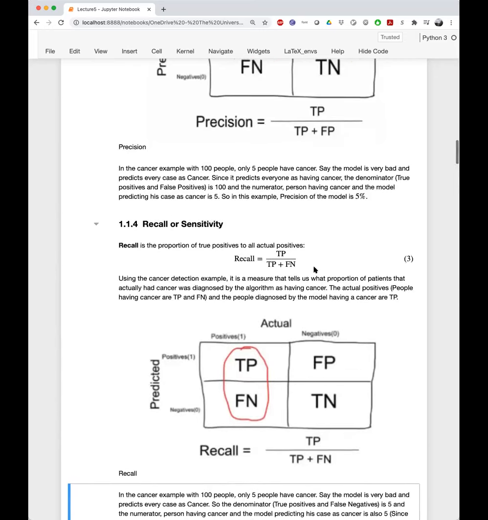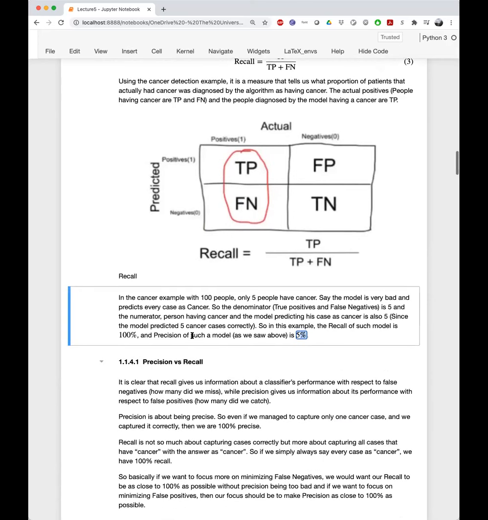For example, here is a really bad model that predicts every case as cancer. So the recall is really high, it's 100%. But can you use it only because you want to reduce false negatives? No, because the precision is really low. It's just 5%.